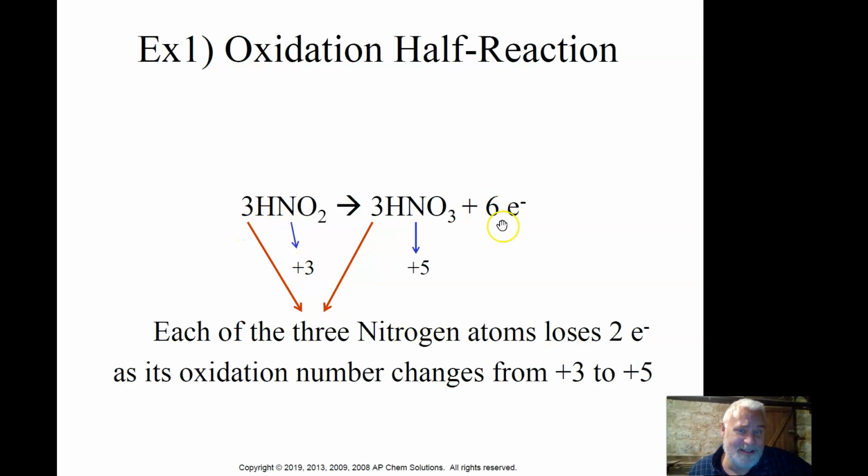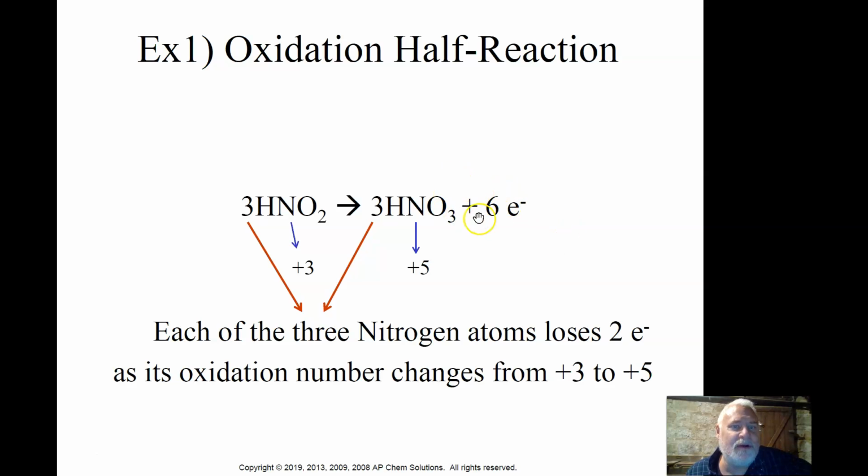So the total is 6 electrons being lost because there are 3 nitrogens, each losing 2 electrons. So that's an important point, is that those coefficients matter, and therefore the give and take is now equal. We have gained 6 electrons and we have lost 6 electrons.